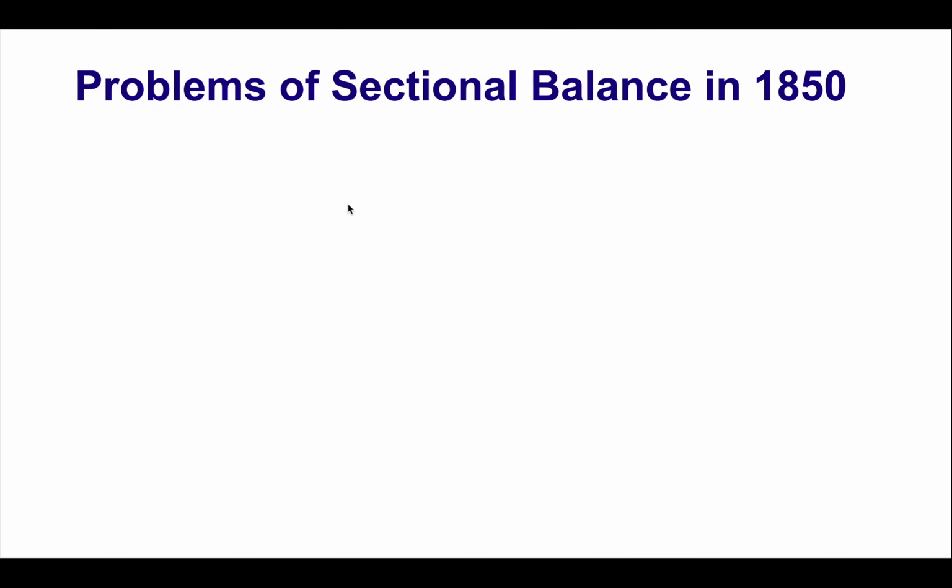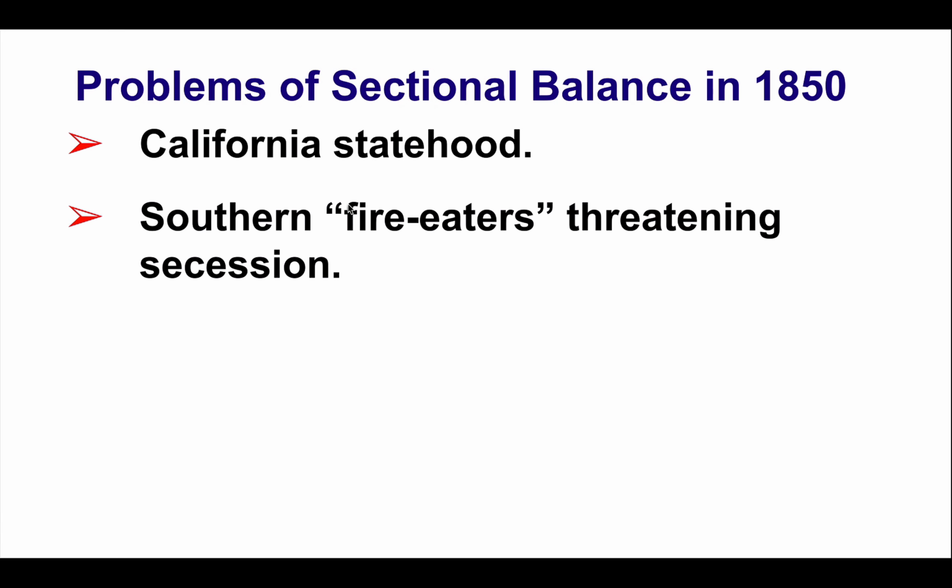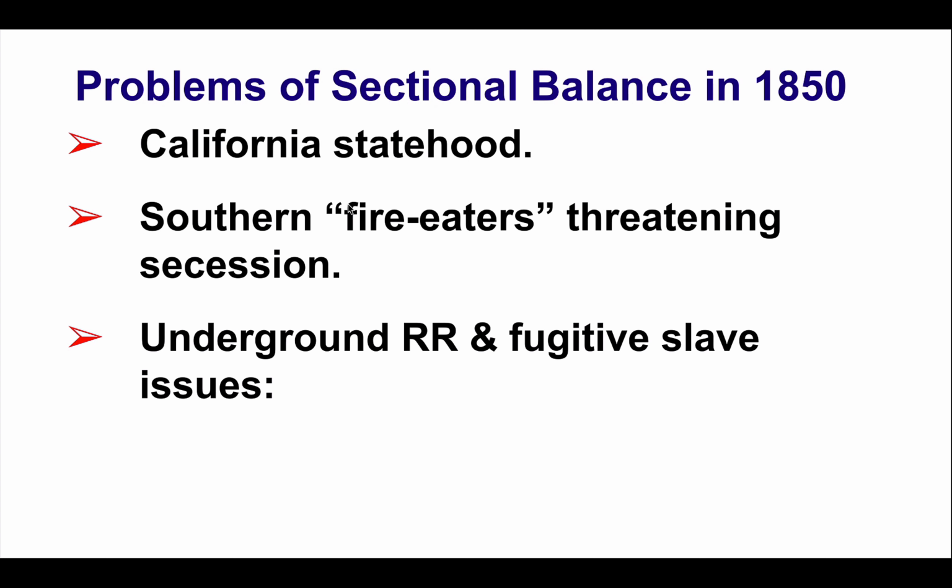Problems of the sectional balance in 1850 are as such, okay? California became a state quite literally overnight. 1848, you're going to see that gold rush in California. And the problem with that is that California went right through the middle of that Missouri Compromise line. Okay, so I guess that means that the Missouri Compromise line isn't going to necessarily work. Okay, Southerners are already threatening secession.